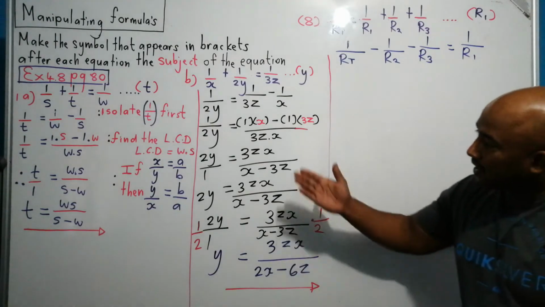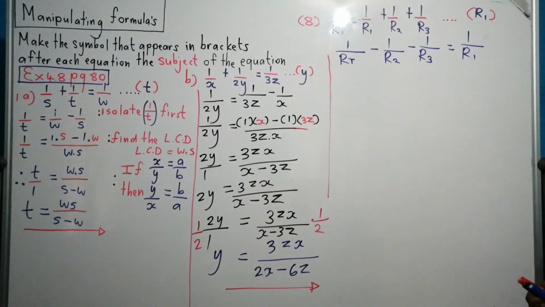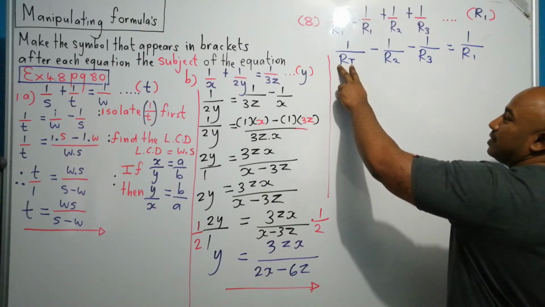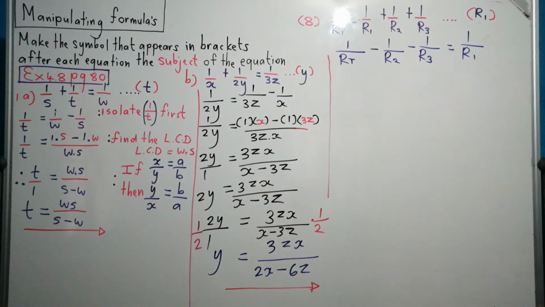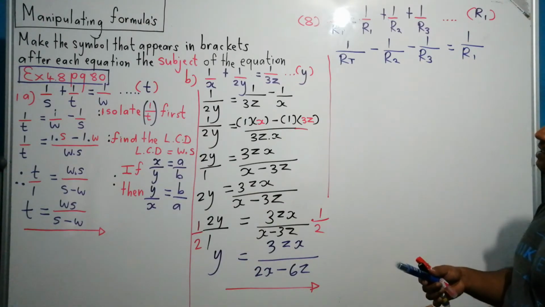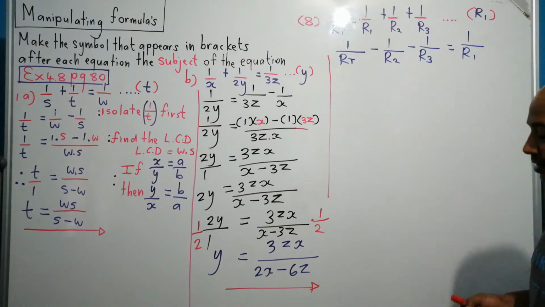Now, just like what we did there and there, we need to find the LCD. So let's look at the denominators. We got RT, R2, R3. These are completely different expressions, RT, R2, and R3. So when you multiply them, that will be your LCD, or the lowest common multiple of the denominators.